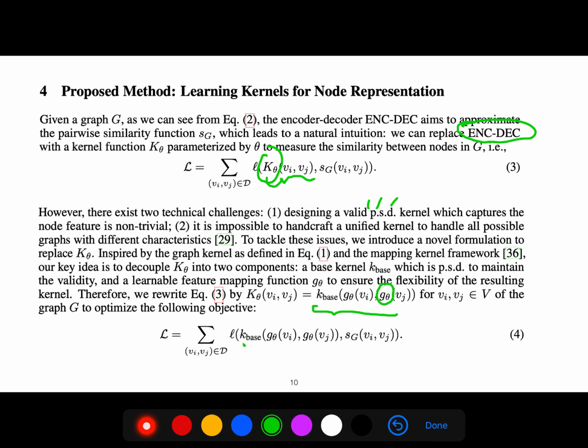So we can write the base kernel like this.